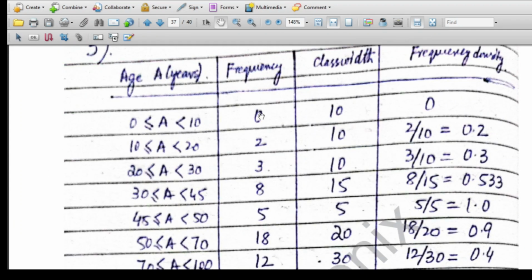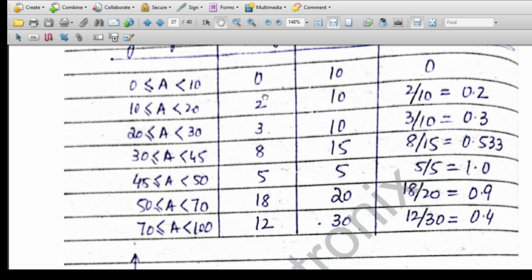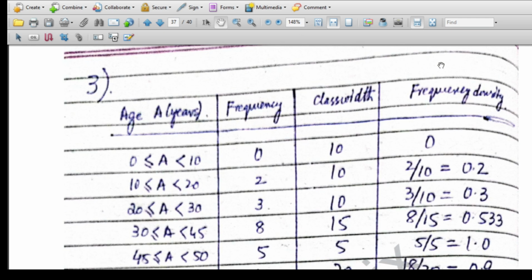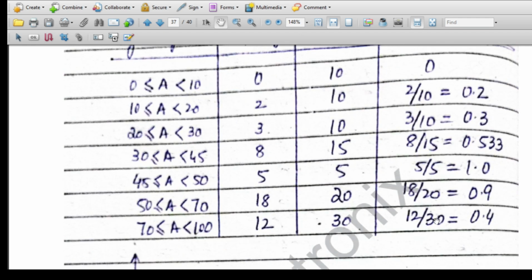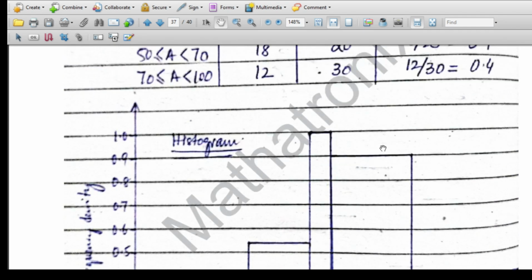So 0 to 10 is class width 10, this is 10, this is 10, this is 15, this is 5, this is 20, this is 30, and the frequency is given. We divide the class frequency by the class width, and we have the frequency density here, and we have plotted this histogram accordingly.